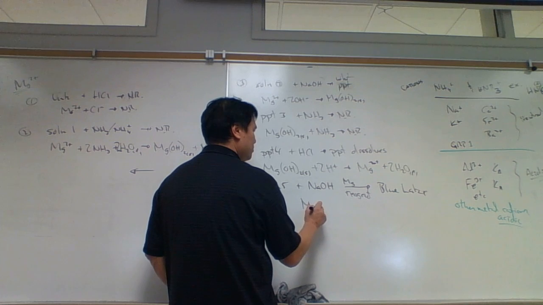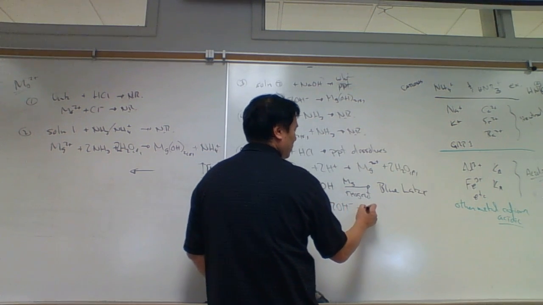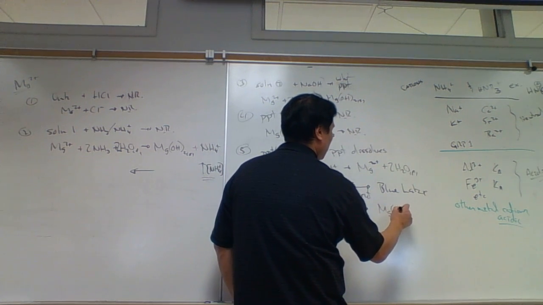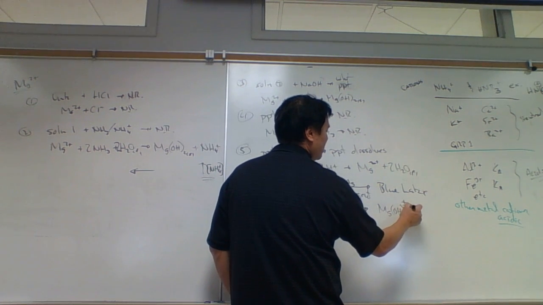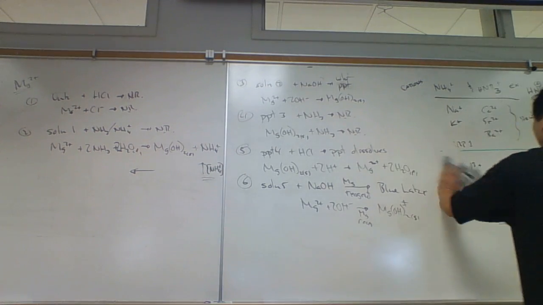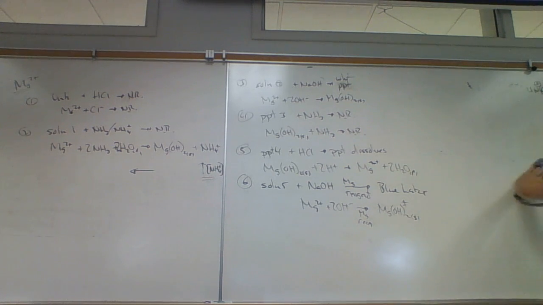All we're doing is taking the magnesium ions and precipitating out the hydroxide while incorporating the Mg reagent. The Mg reagent is going to contaminate our solid precipitate and give it a color. It's just a dye that colors our precipitate blue. So what you're looking for is a blue lake precipitate.